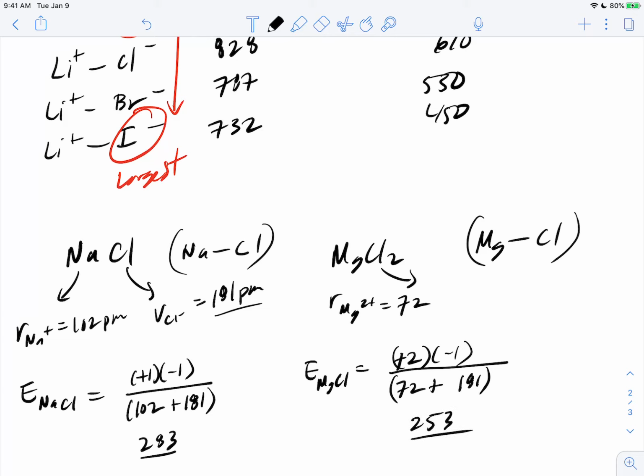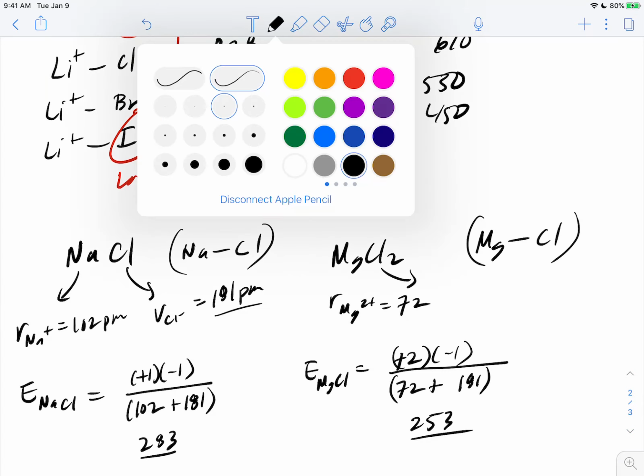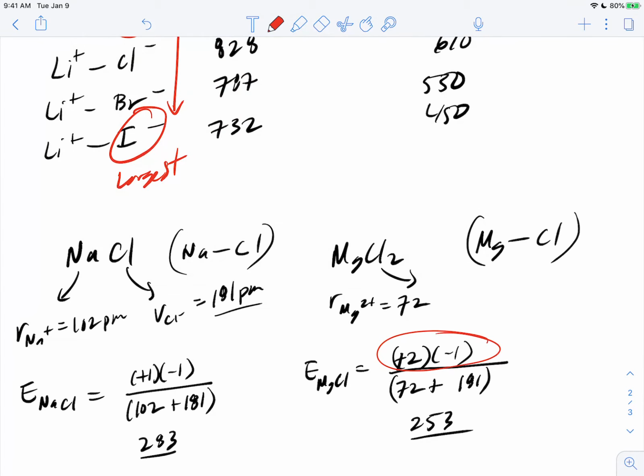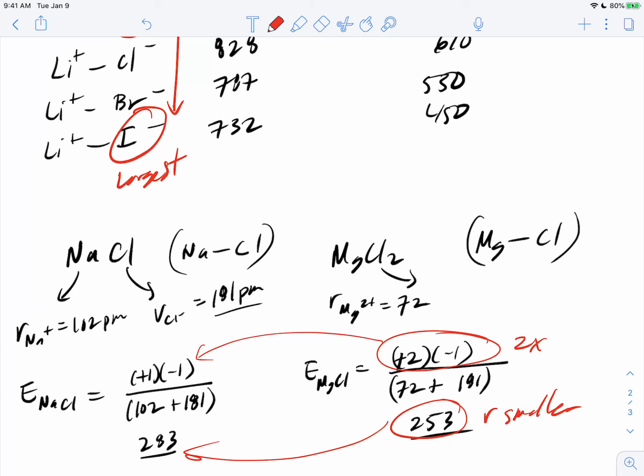So if we're looking at this, we have twice as big on the top, so this is 2 times as big compared to here. And we also see that the R is smaller. So both indications show that MgCl2 should have a larger ion-ion interaction.